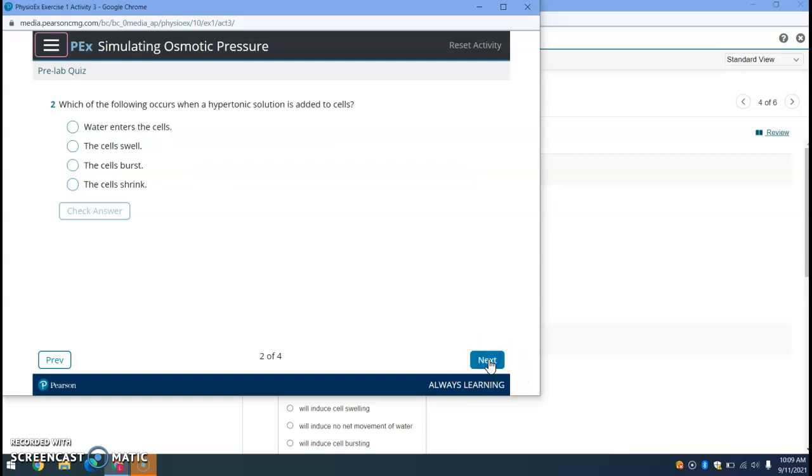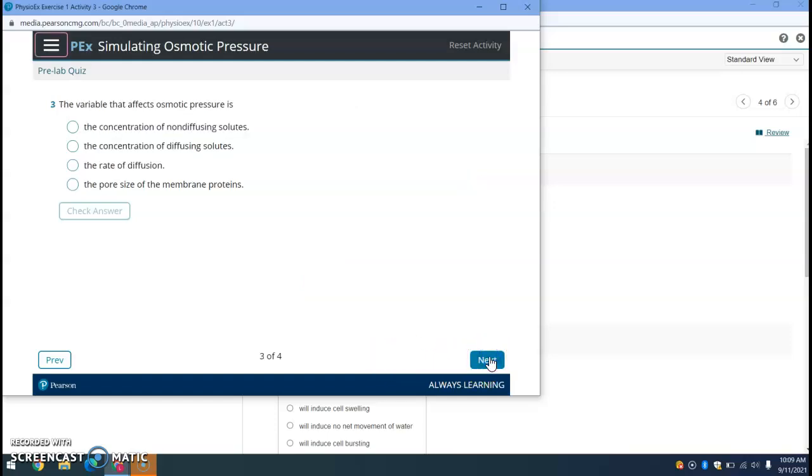Okay, next, which of the following occurs when a hypertonic solution is added to cells? When the cell is placed in the hypertonic solution, water is going to move toward that hypertonic solution, so the cell is going to shrink.